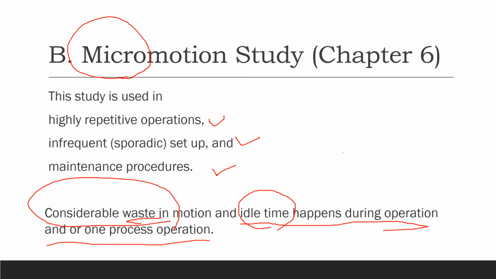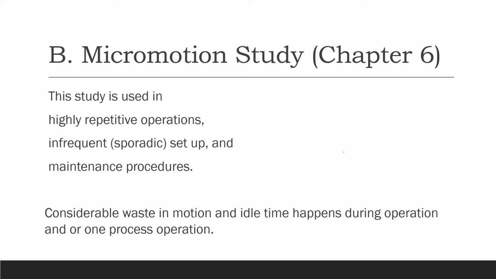Okay, so therefore we do this type of micromotion study. And don't forget, we are eliminating waste. We are eliminating everything that is not necessary in our system to increase profit, to reduce cost.